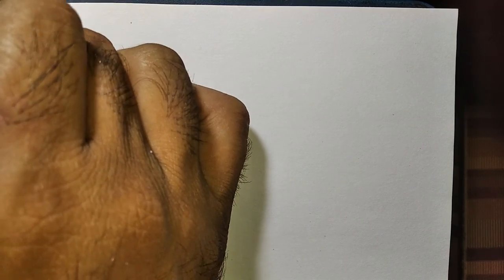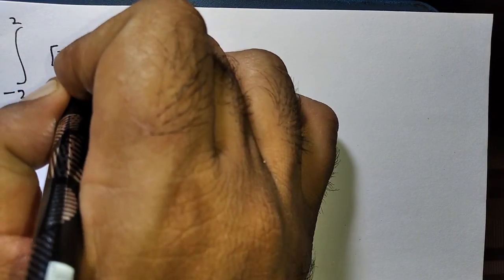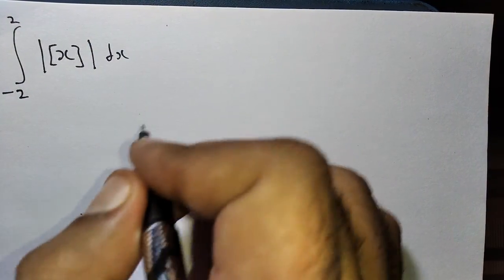Now we have to calculate integration minus 2 to 2 of the greatest integer function, and then mod. Again, we know that the greatest integer function changes value at every integer.